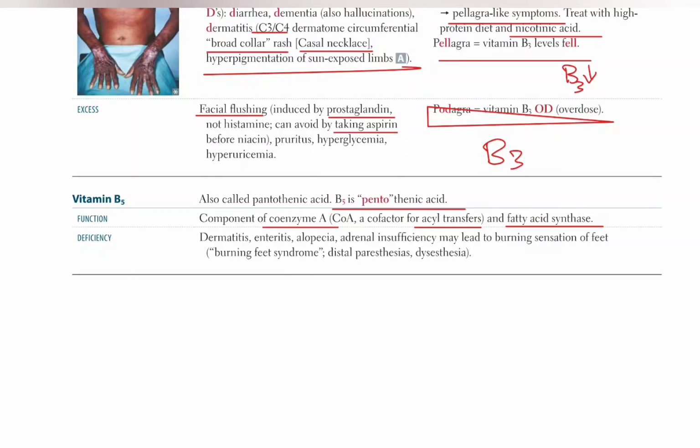Deficiency of pantothenic acid, or vitamin B5, leads to dermatitis, which is inflammation of the skin, enteritis, which is inflammation of the bowel, alopecia, which is thinning of hair, and adrenal insufficiency. It may also lead to burning feet syndrome, with distal paresthesia and dysesthesia.